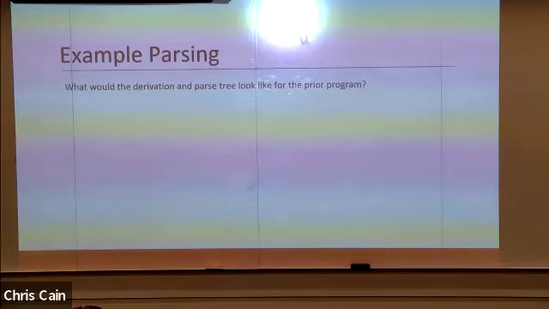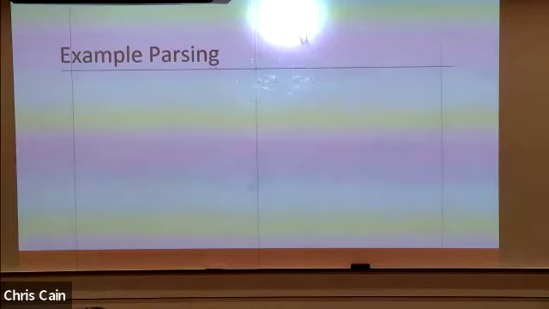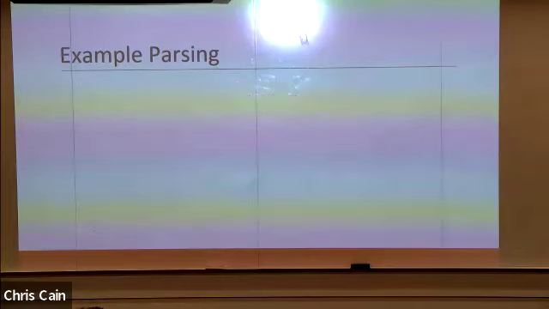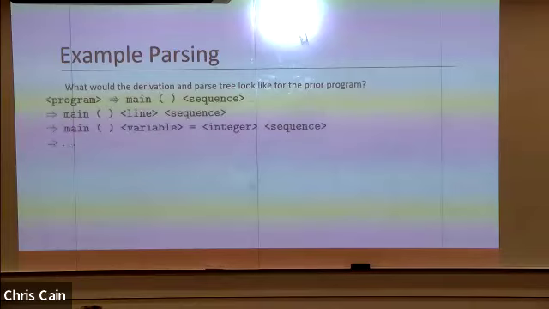So we can now start to make a parse tree for the program that we just saw. So we're going to look for this main a equals 4, b equals 8, print a plus b, that program. We now want to draw the parse tree for that. So it would look something like this. We can see exactly what the derivation looks like. The derivation is just using these arrows to show how the program is derived. So we start with the start non-terminal, that in this grammar is the program.